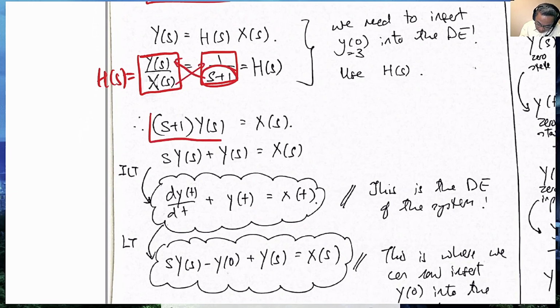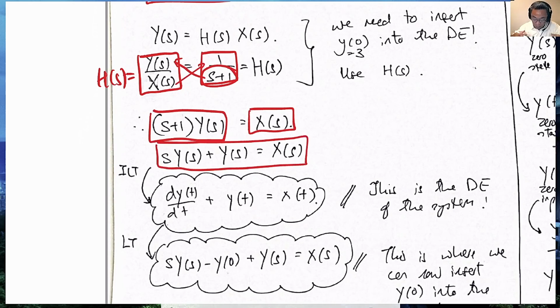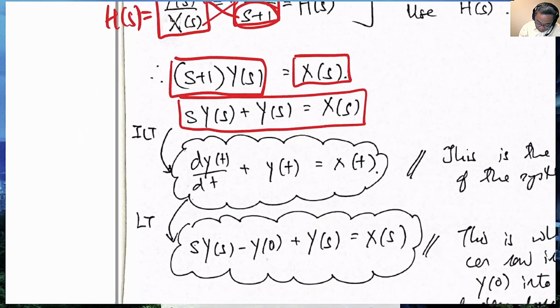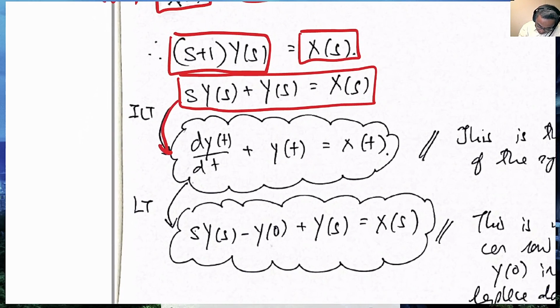so that we get the Laplace domain representation, ys on the left, xs on the right. We open it up. So this is our differential equation in the s domain, but this is not what we want. We want the differential equation in the time domain. So this is the inverse Laplace transform, and then we get this expression back.